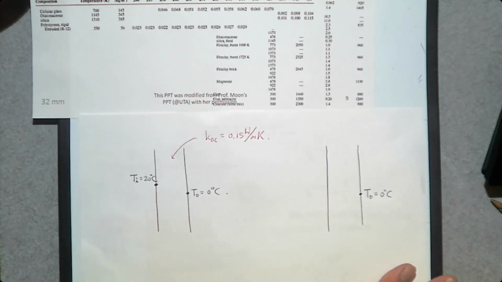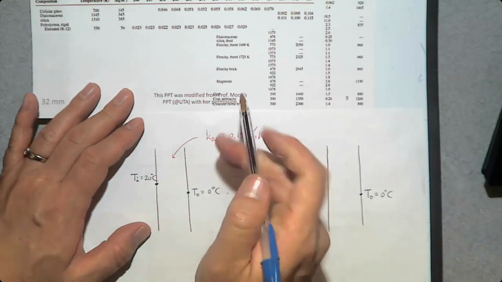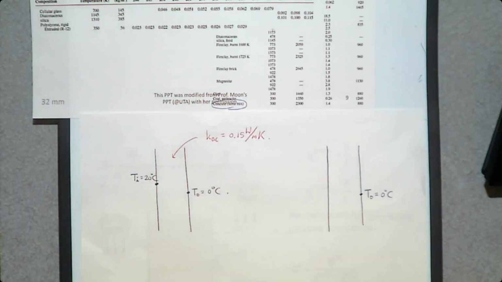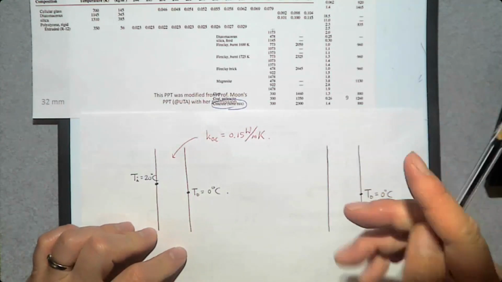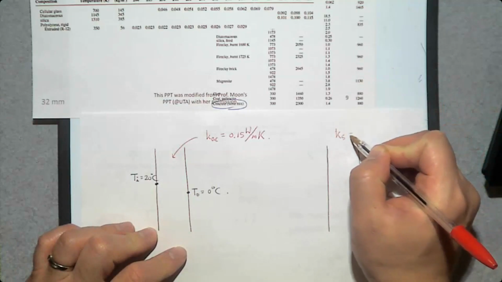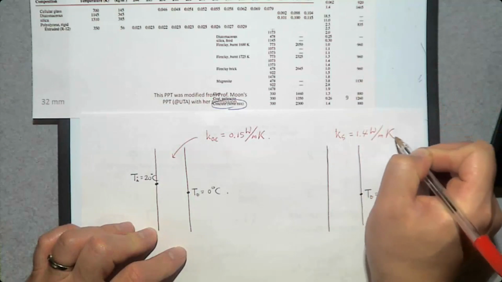And what is the thermal conductivity of stone mix concrete? So there's a stone mix concrete, and its thermal conductivity is 1.4 watt per meter Kelvin.